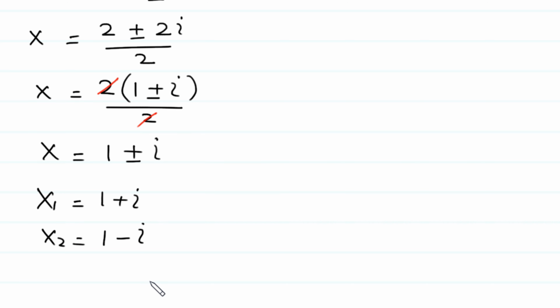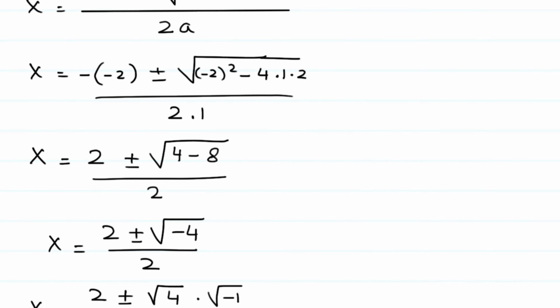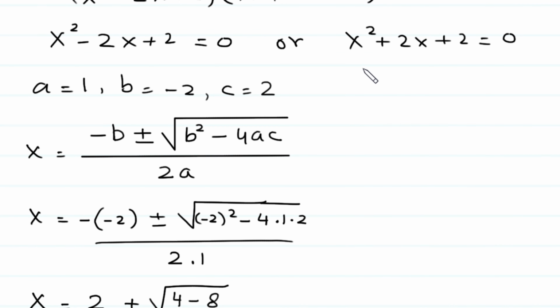Next, we solve the other equation. In this equation, a is equal to the coefficient of x square, which is 1, b is equal to the coefficient of x, which is positive 2, and c is equal to this constant, positive 2.